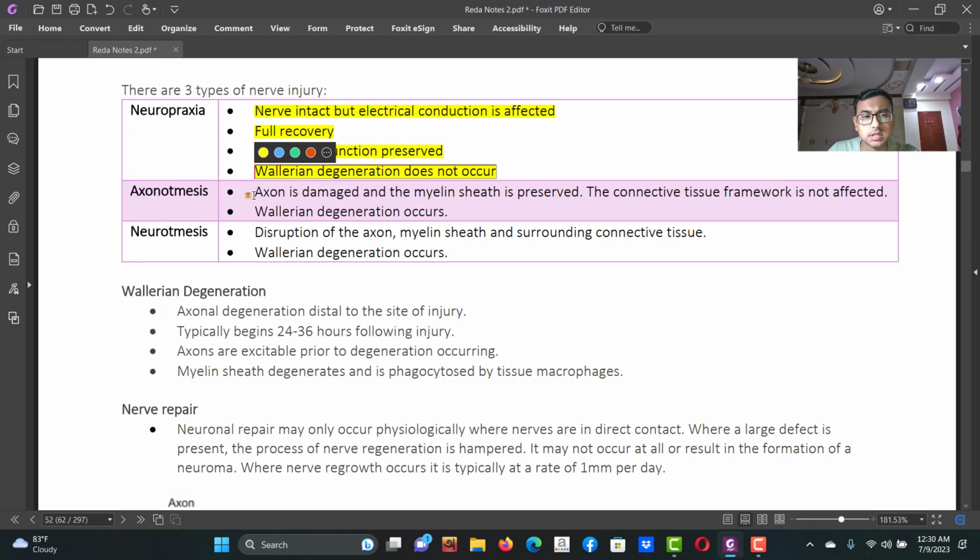In axonotmesis, the axon is damaged and the myelin sheath is preserved. The connective tissue framework is not affected, while degeneration occurs. So the axon is damaged but the wall is intact. In that case, it is also treated conservatively. Then neurotmesis: disruption of the axon, myelin sheath, and surrounding connective tissue.